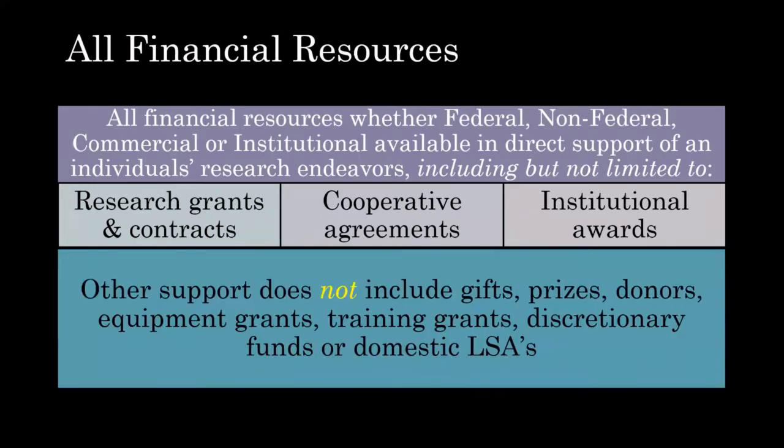And keep in mind that other support does not include gifts, prizes, donors, equipment grants, training grants, discretionary funds, or domestic LSAs. Pay close attention to the domestic LSAs, and we will touch on that further, but anything foreign would need to be listed because it's foreign, but we do not need to include domestic LSAs.